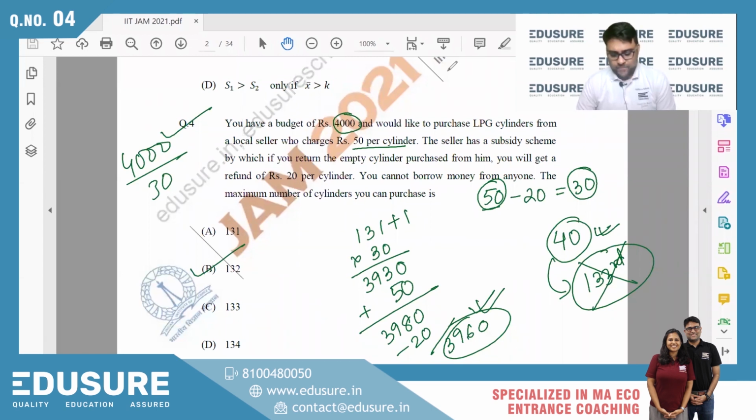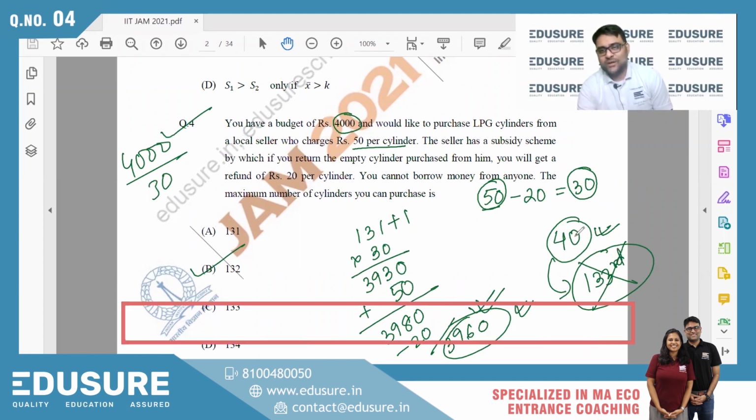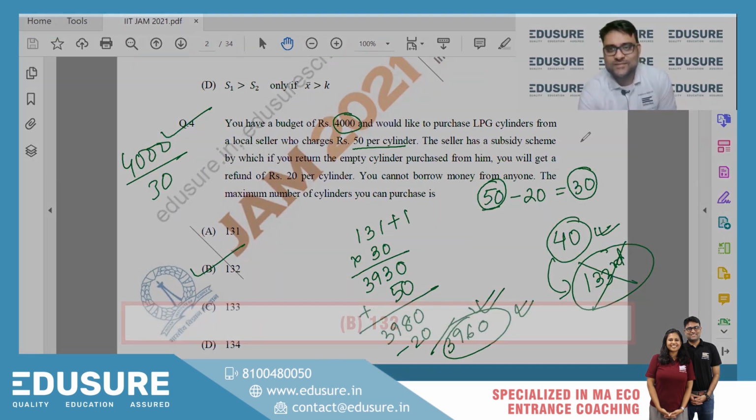Okay. So after returning, this is the amount of money that I would have spent by the 132nd cylinder. I cannot buy the 133rd cylinder because I have only 40 rupees in my pocket. So 132 is the answer.